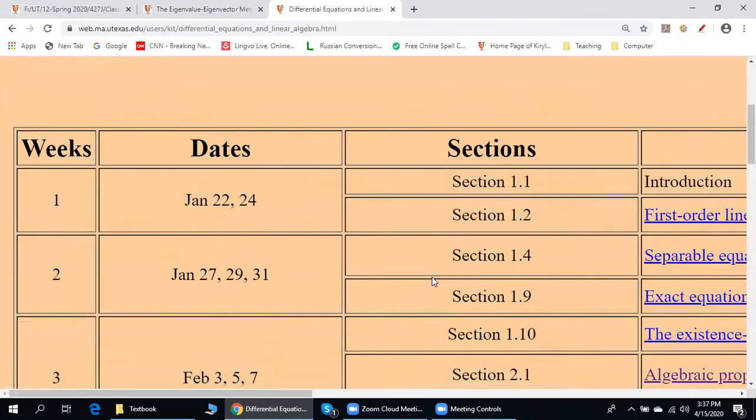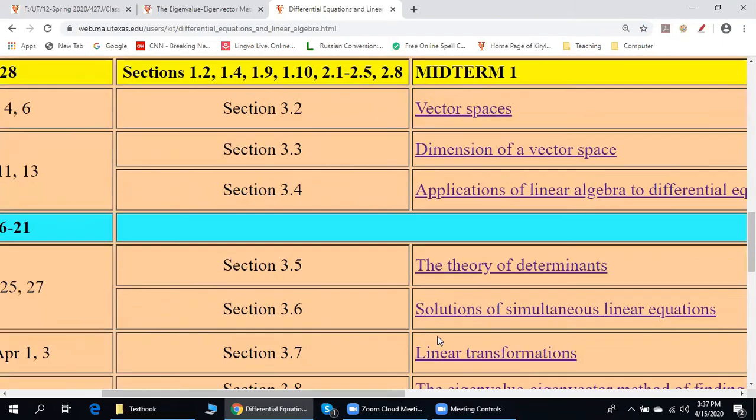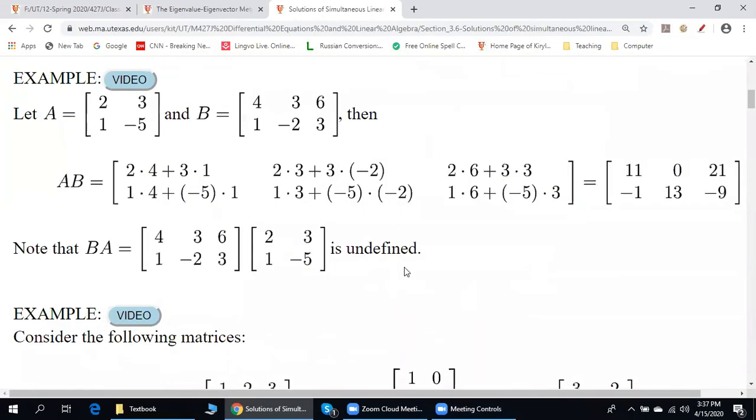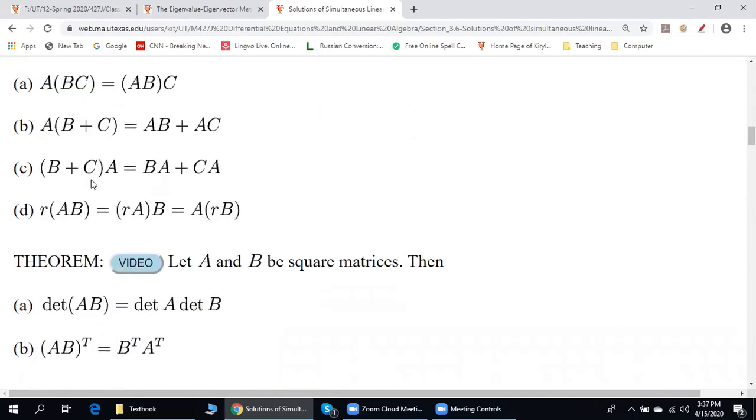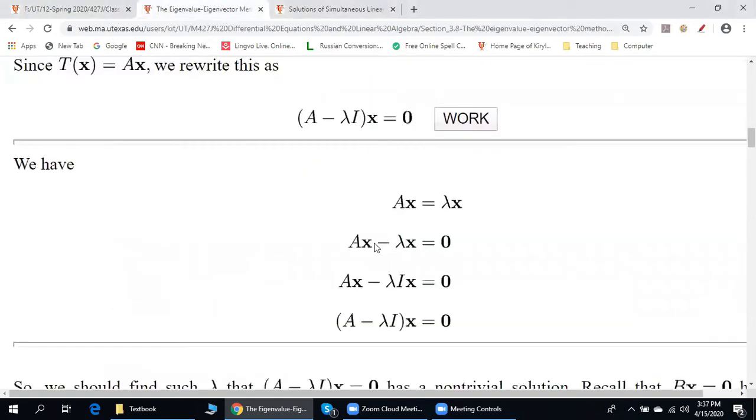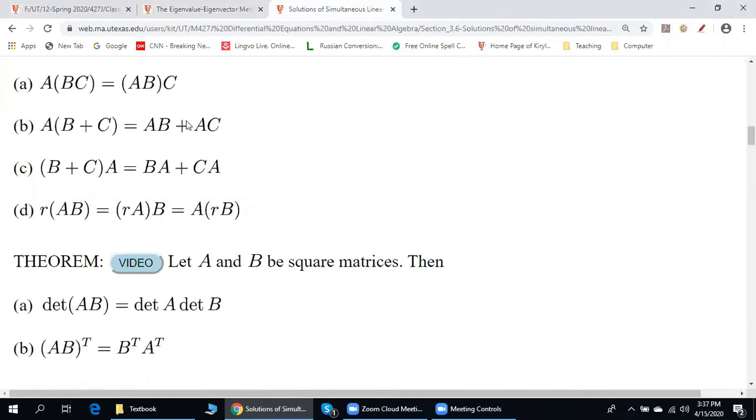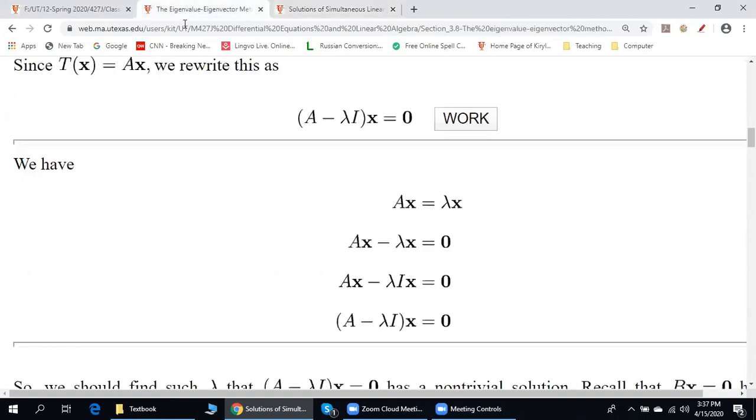distribution property. Let me go back to section 3.6 and please take a look at this. Matrices do enjoy distribution property. Well, unfortunately, in line number 2, we cannot apply distribution property yet, because if you take a close look at this, in order to apply distribution property, all three, A, B, and C, should be matrices.